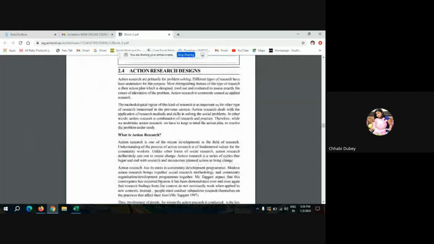After that, an important research design that is generally used very frequently in social work is what is known as the action research designs. Action research designs are primarily problem solving designs, and there are different types of researches that have been undertaken for this purpose.